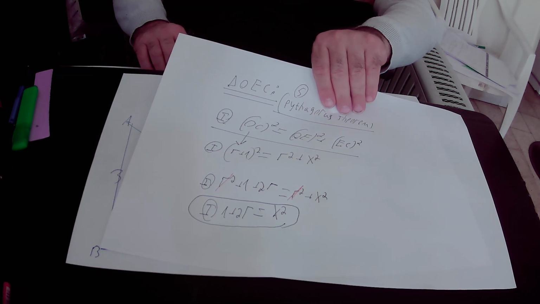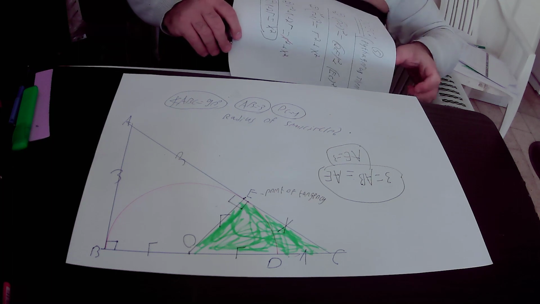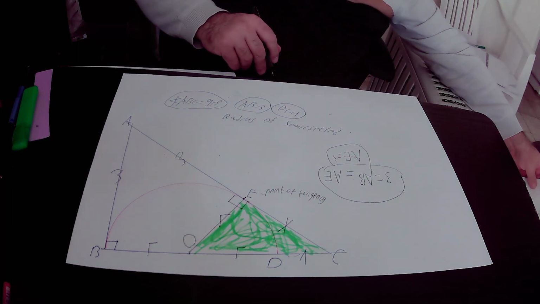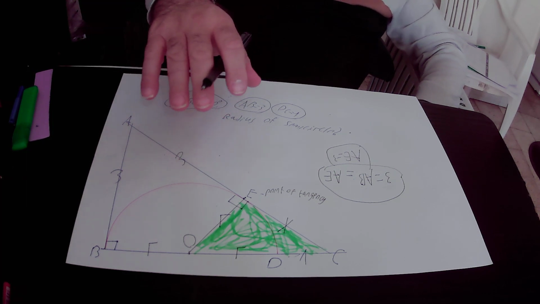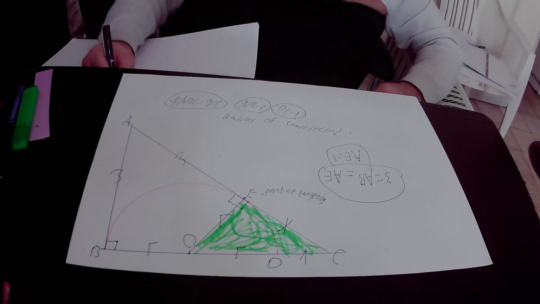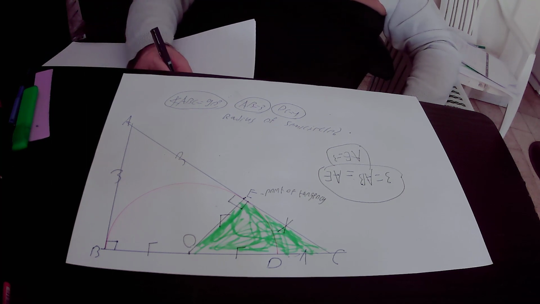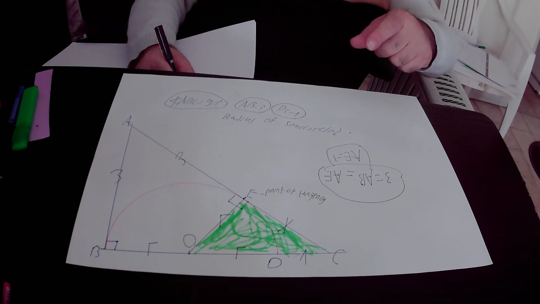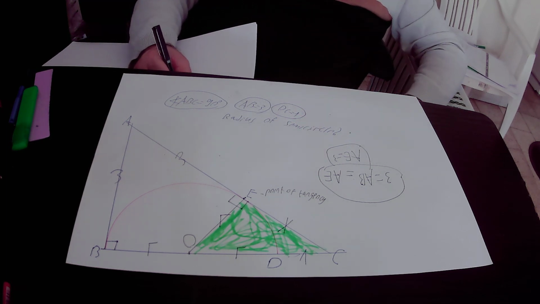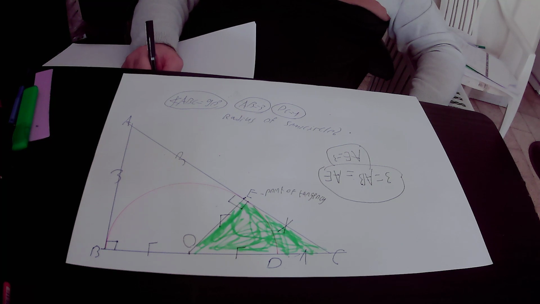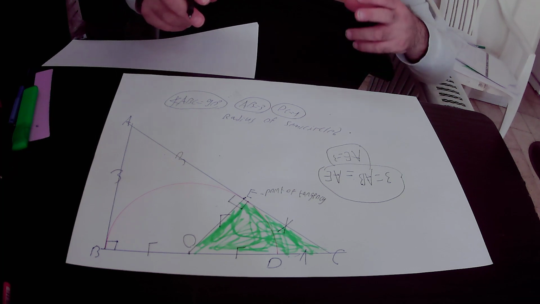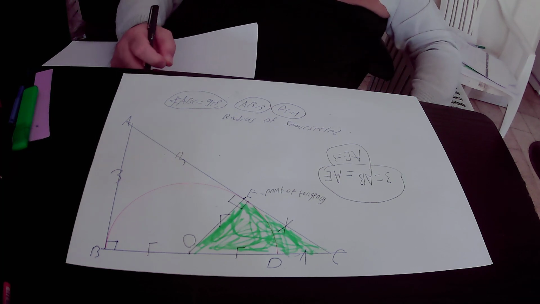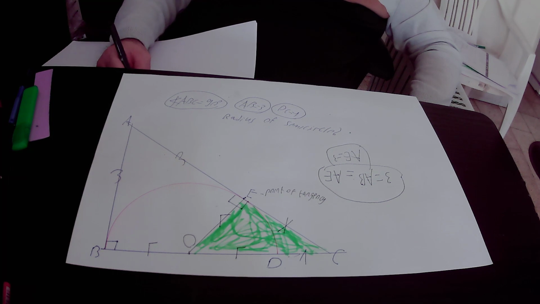So in the next step, we will focus on two triangles: the right big triangle, triangle ABC, and the small right green triangle, triangle OEC. And we will actually prove that those two right triangles are similar to each other. Triangle ABC and triangle OEC, the green right triangle.